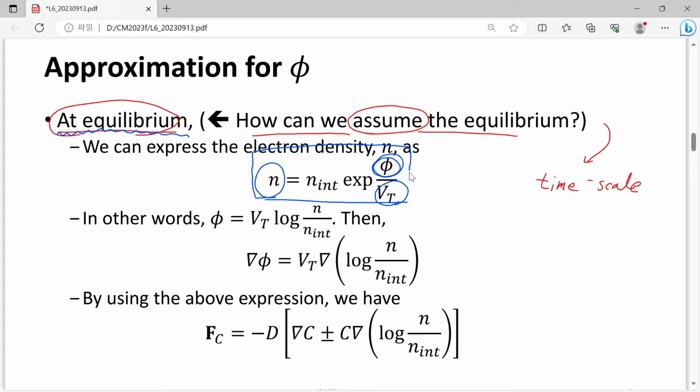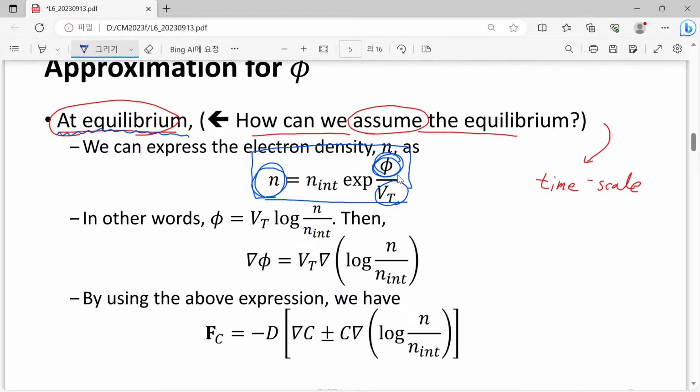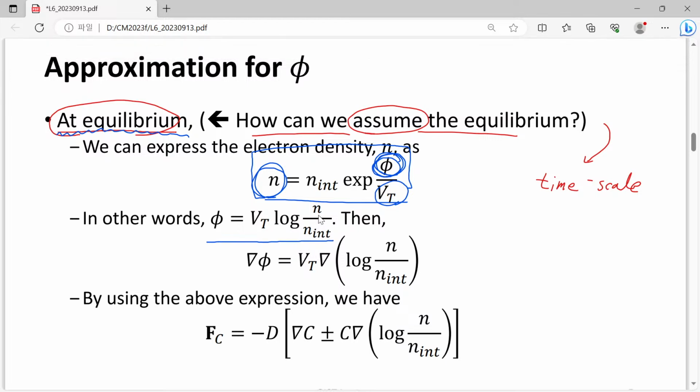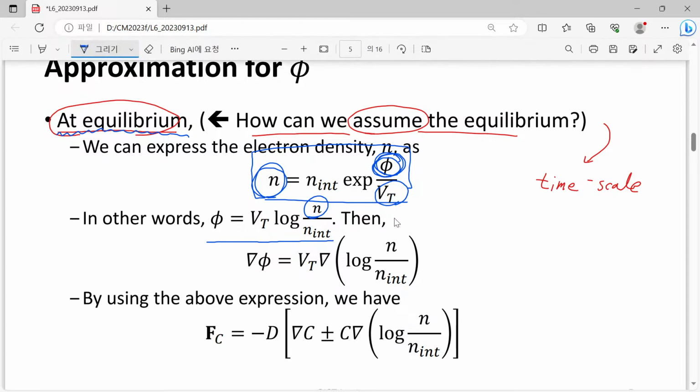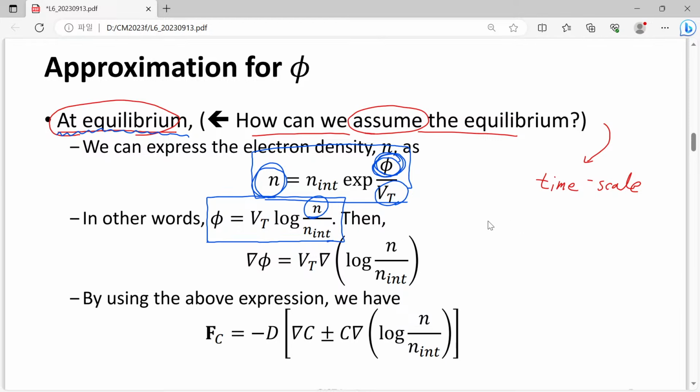Simply speaking, in this case you can just invert them. So n is written as a function of phi, but now phi can be written as a function of n. You can take the log of the left and right hand sides, then easily obtain this form. Then from this form, please take the gradient.